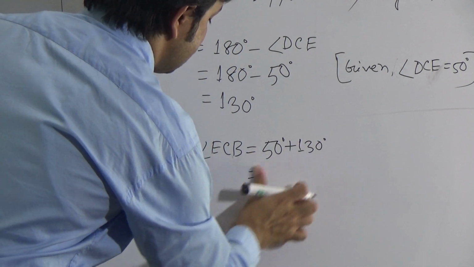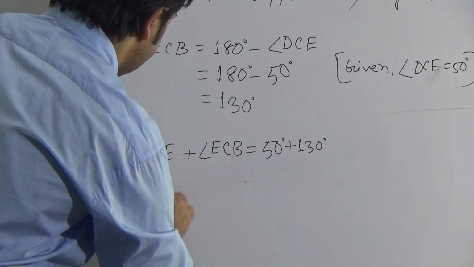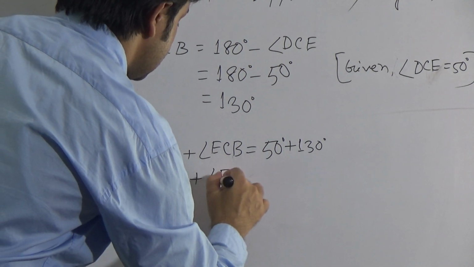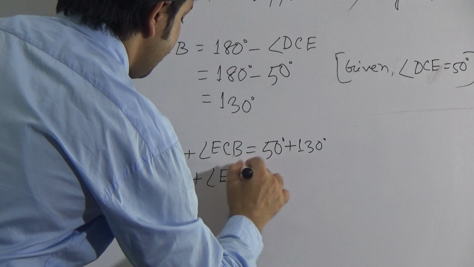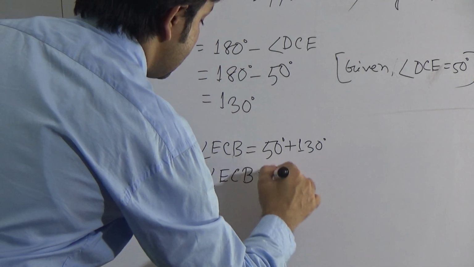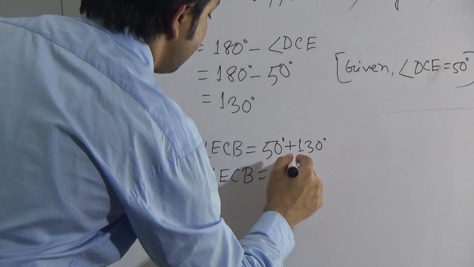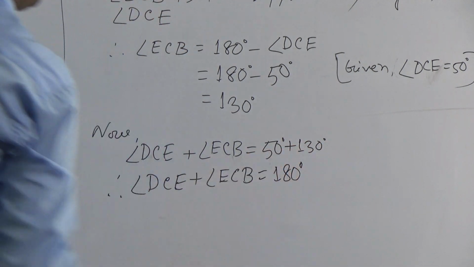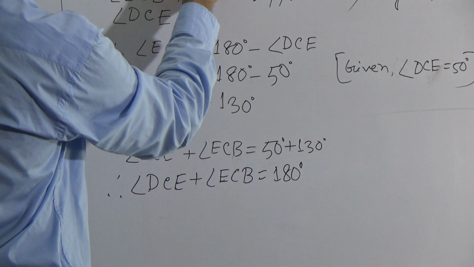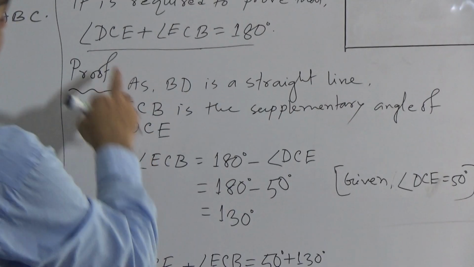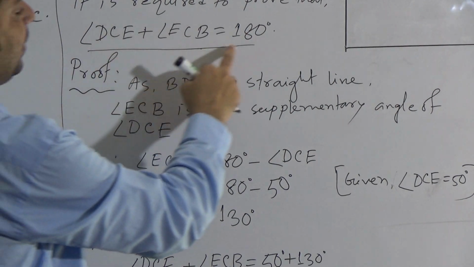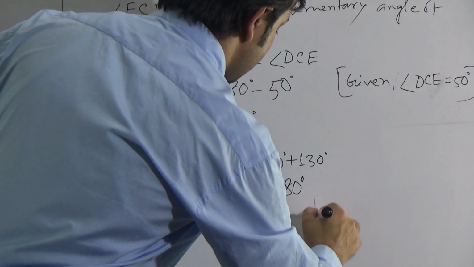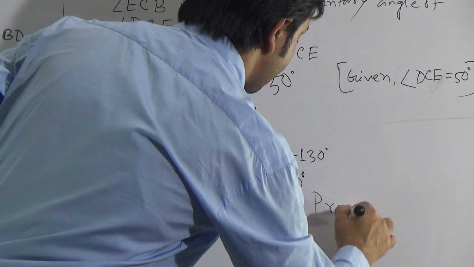Therefore angle DCE plus angle ECB is equal to 180 degree. If we add these two, we will get 180. This is our required question. We need to prove that angle DCE plus ECB equal to 180 degree. So I have proved. So we can write here proved.